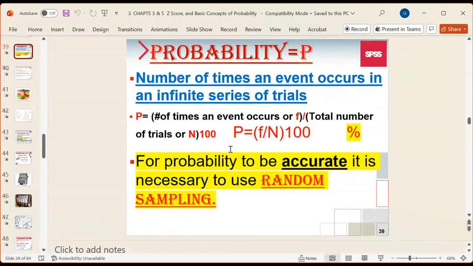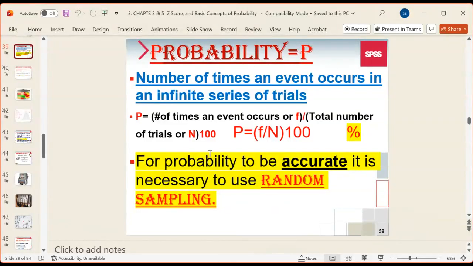P stands for probability, and we report the probability in percentage. The formula gives you a proportion, but multiplied by 100, that becomes probability percentage.